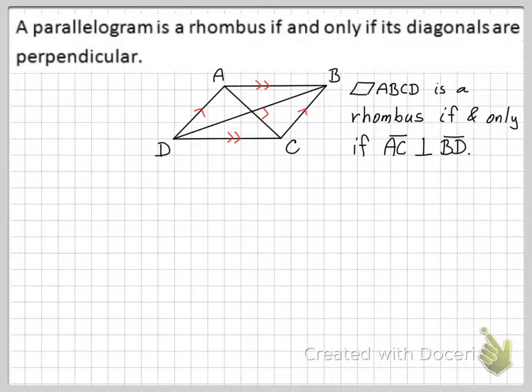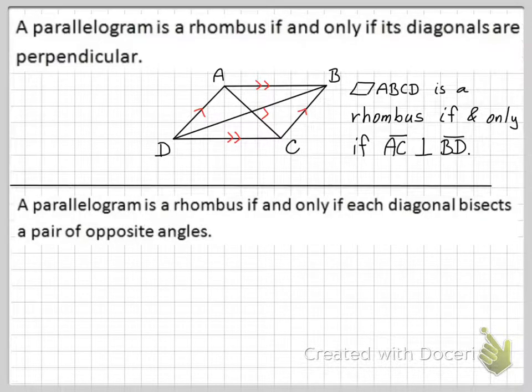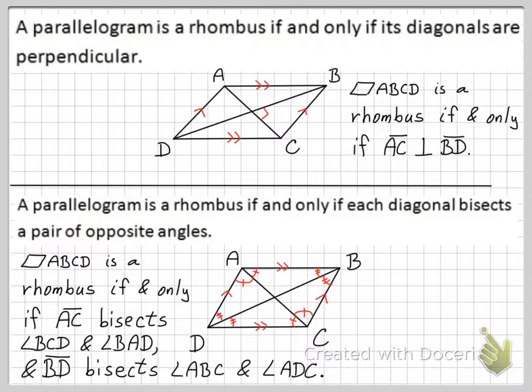And then the next theorem is a parallelogram is a rhombus if and only if each diagonal bisects a pair of opposite angles. So in this case, ABCD is a rhombus if and only if line segment AC bisects angle BCD and BAD, and line segment BD bisects angle ABC and angle ADC. So in this case, for example, line segment AC bisects angle BCD, so it takes this angle and cuts it in half.